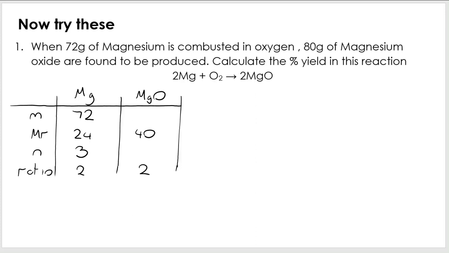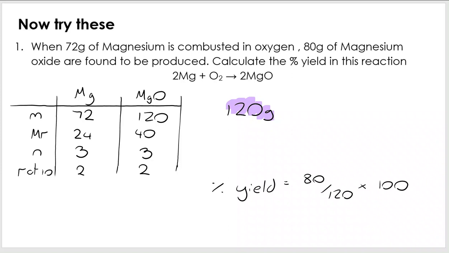So if 2 moles makes 2 moles, 3 moles makes 3 moles. 3 multiplied by 40 gives me a maximum theoretical yield of 120 grams. But we didn't make 120 grams, we only made 80. So I do 80 divided by 120 multiplied by 100, giving me a percentage yield of 67%.